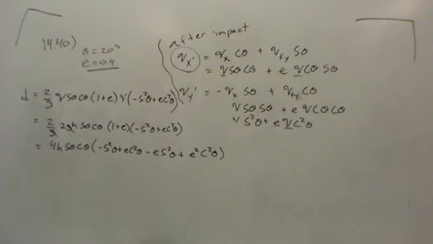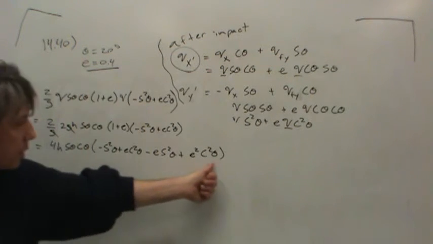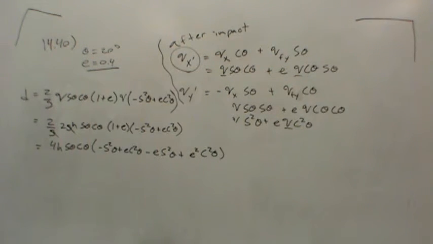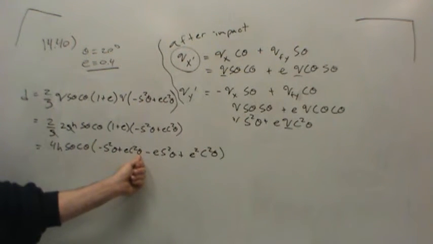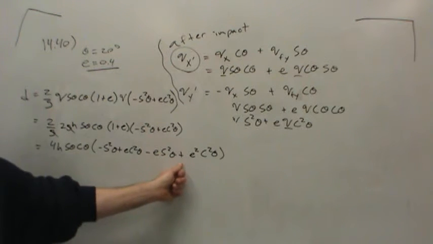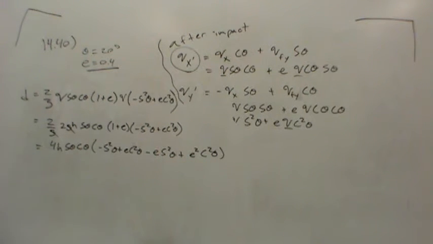Yeah. We can plug in the numbers and find out, right? So we've got theta, we've got e. Plug this mess in your calculator, please, and let's see if it comes up to something nice and simple. I think it may. So negative sine squared theta plus e cosine squared theta minus e sine squared theta plus e squared cosine squared theta.